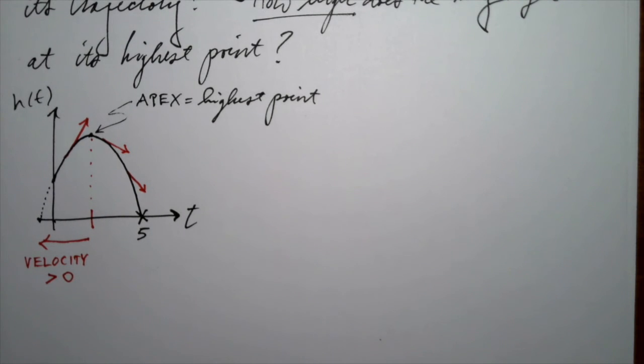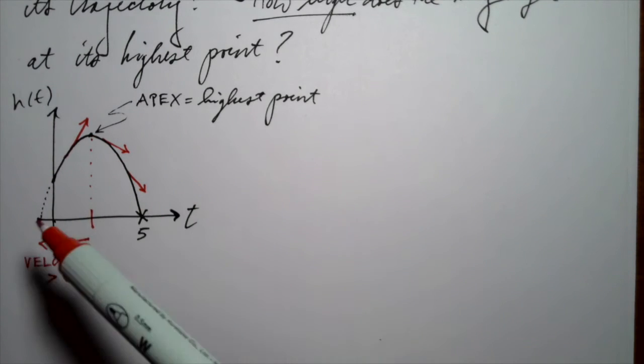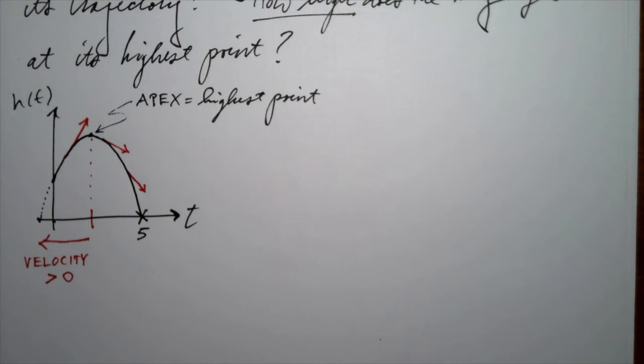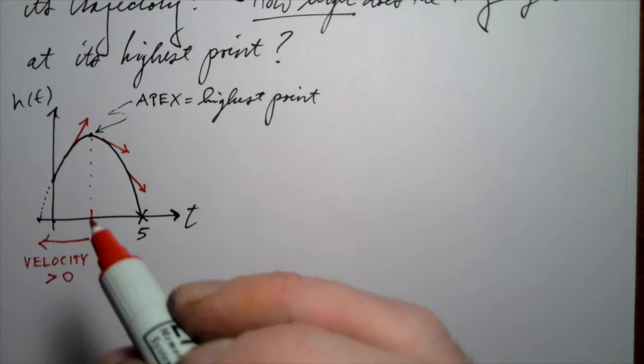I'm not saying that the height is positive. The height is always positive. But here the mug is moving upwards, so it has a positive velocity up until the apex.